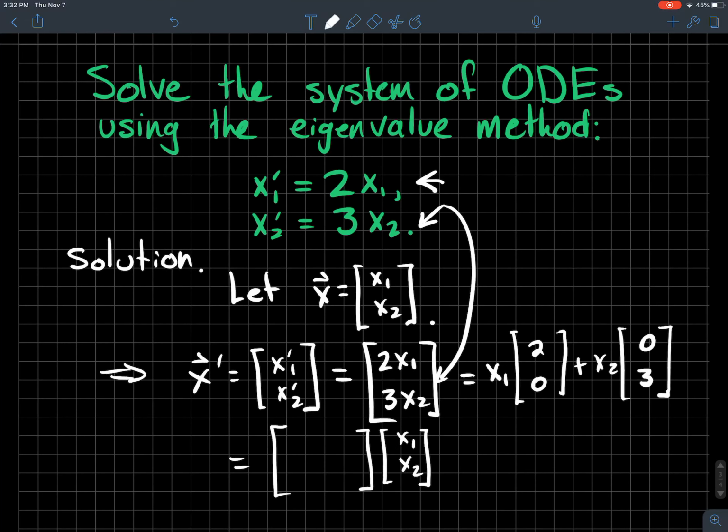So then, in the matrix, what we're going to have are the entries of the first vector for the first column, 2, 0. And then for the one on the right, we're going to have 0, 3. You can then write this as 2, 0, 0, 3 times the vector x.